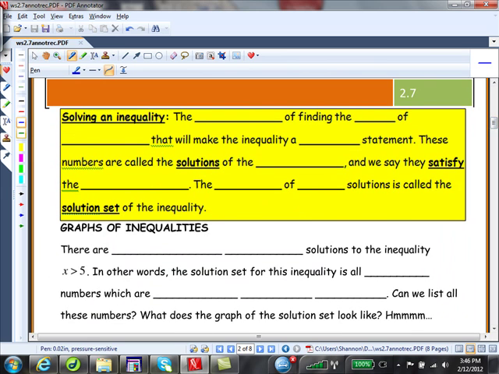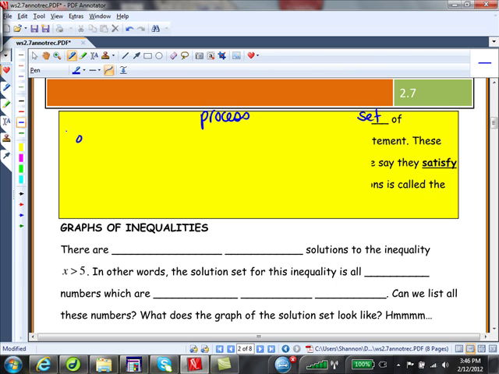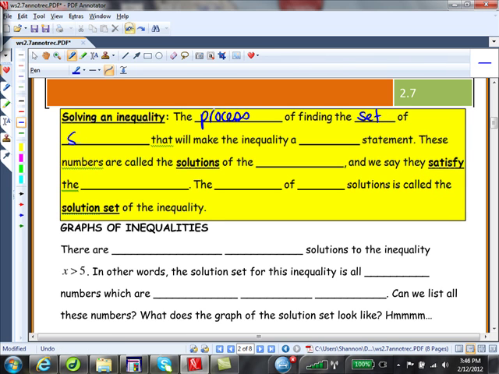When we're solving an inequality, the process of finding the set of solutions, actually numbers, that will make the inequality a true statement.